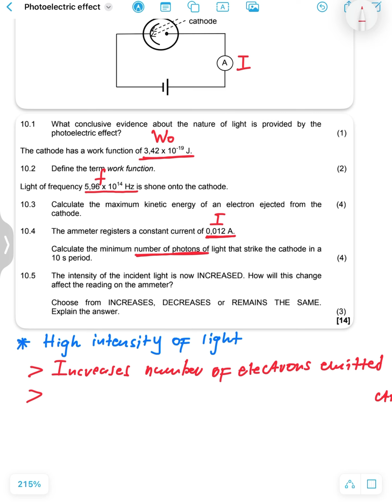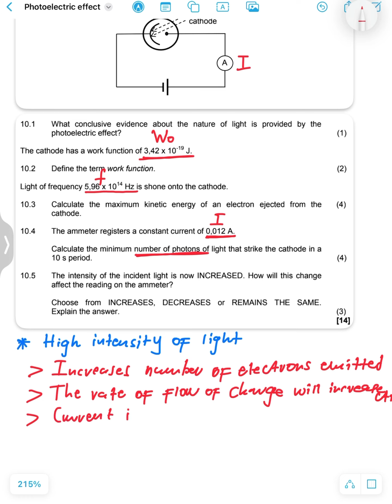If the number of electrons emitted increases, the rate of flow of charge will increase. If the rate of flow of charge increases, current increases.